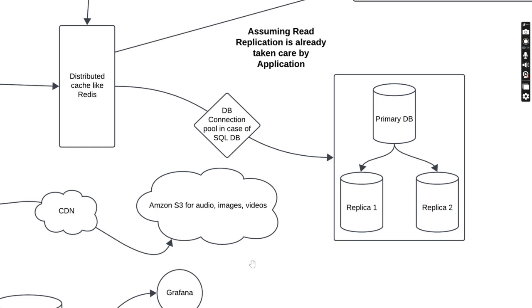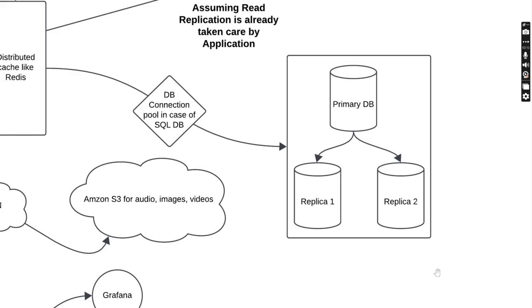NoSQL DBs like Mongo do maintain the database connection pool within themselves. They are maintained at the client side, but there is no separate tool for it. The Mongo client itself can handle the connection pool management. So this is also an advantage of NoSQL DBs.